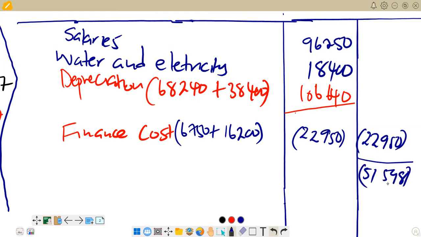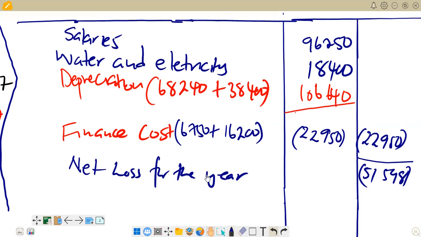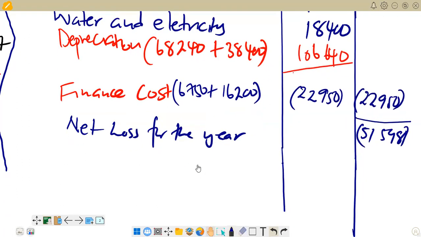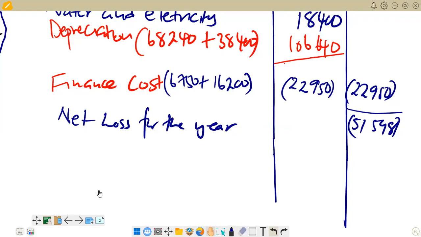So this one is a negative figure. And then this figure is a net loss for the year. Since it's negative, it's not net profit, but net loss. Net loss for the year. So that's what we have there in terms of net loss. And then if you have got other comprehensive income, we might have other comprehensive income according to the question.